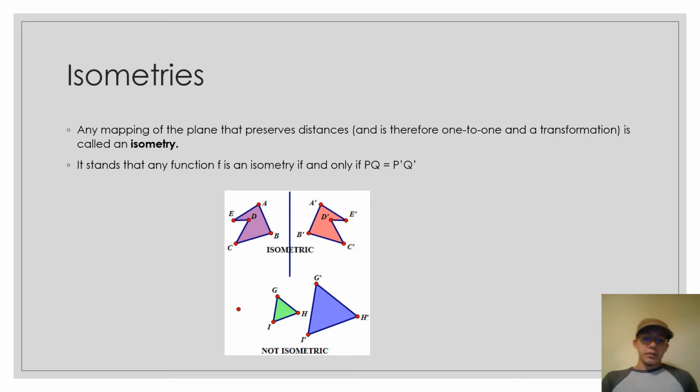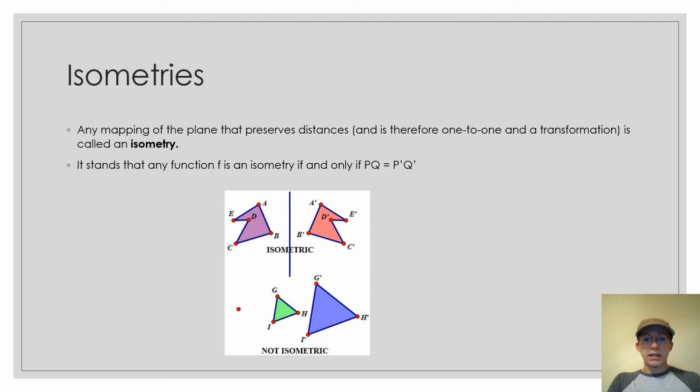Along with reflections are isometries, which according to the book is any mapping of the plane that preserves distances and is therefore one-to-one. Such a transformation is known as an isometry.